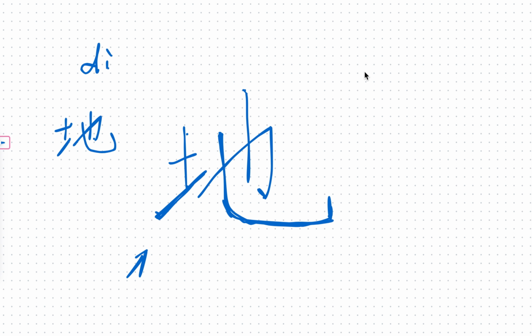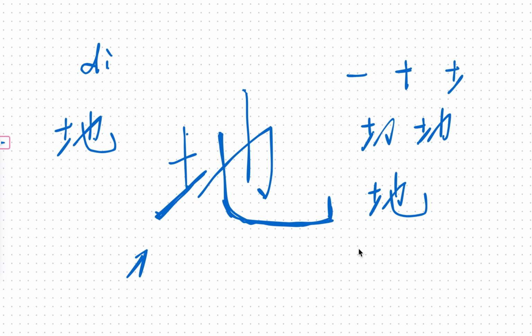So to break it down: first stroke, second, third, fourth, fifth, and sixth. That's how I write this character.